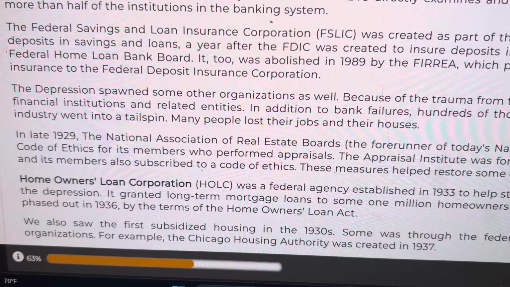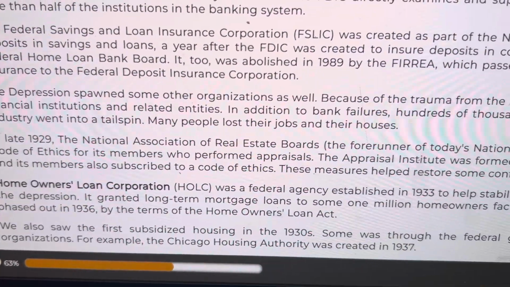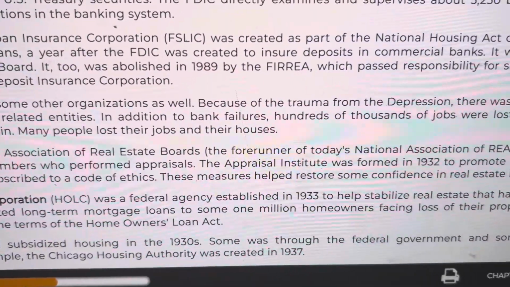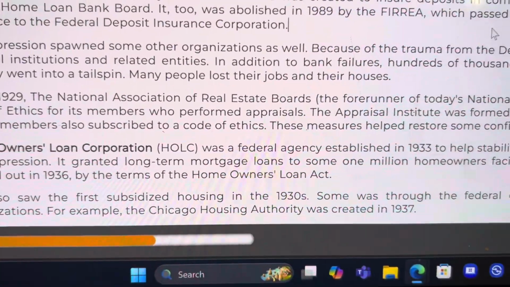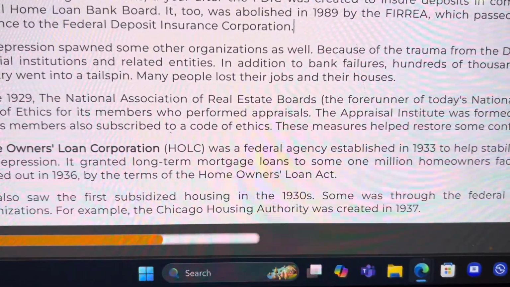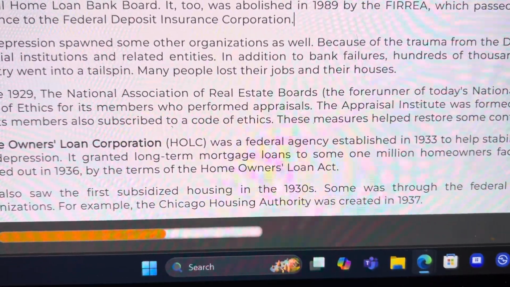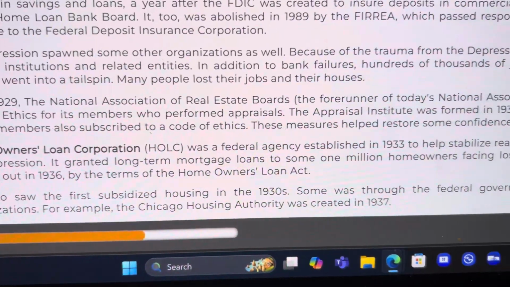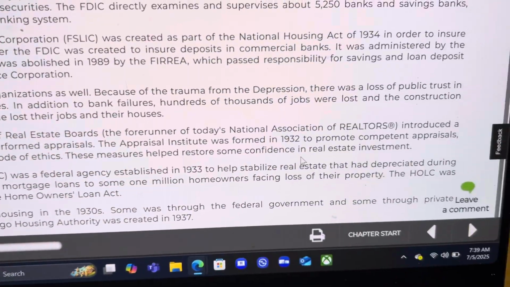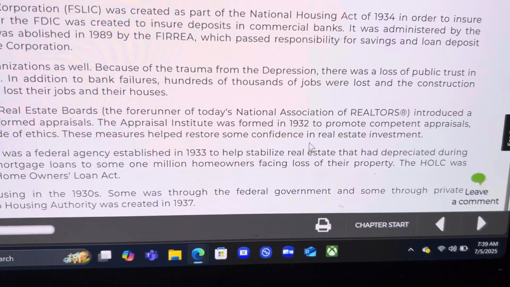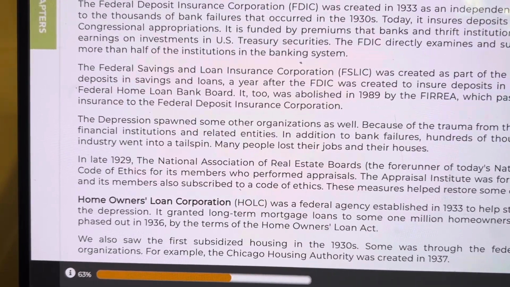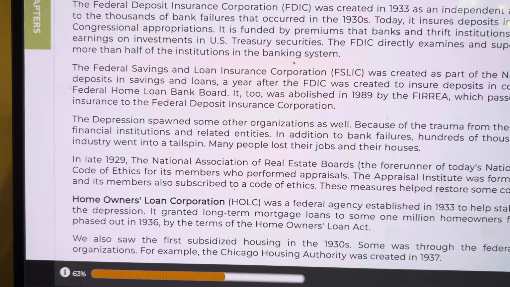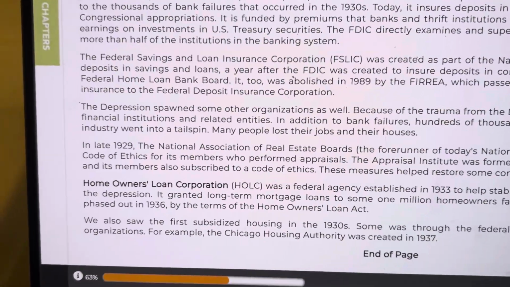In late 1929, the National Association of Real Estate Boards, the forerunner of today's National Association of Realtors, introduced a code of ethics for its members who performed appraisals.